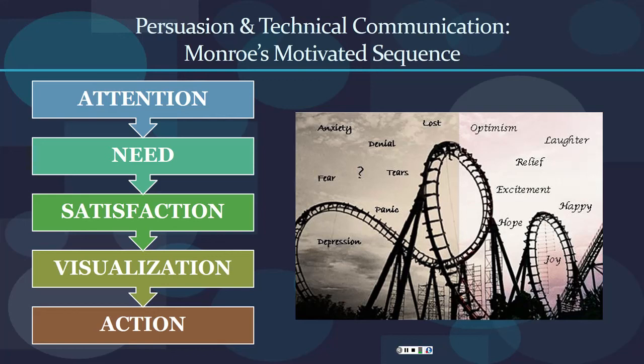The second 2 parts, need and satisfaction, are essentially your problem solution speech, but he builds upon that to walk his audience through an emotional roller coaster. He makes them really scared and then really excited and then really curious, and ultimately he says, I want you to go do this thing, here's how to go do it. So we're going to walk through the 5 parts of it, and then I'll demonstrate to you what this looks like. Some of you might be interested in this just because it's useful to get what you want.